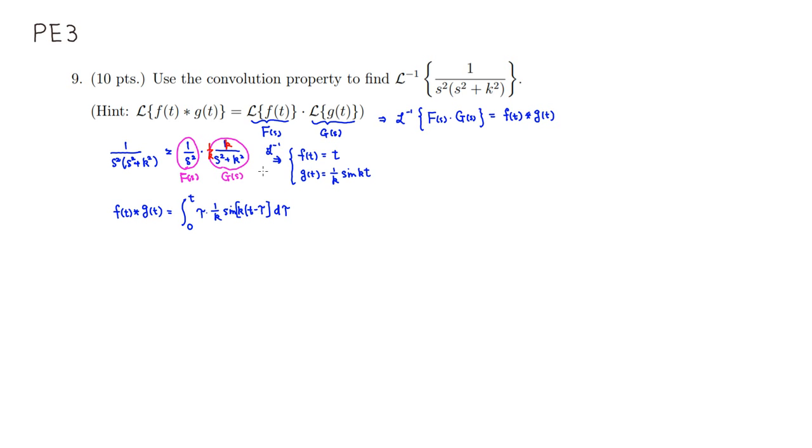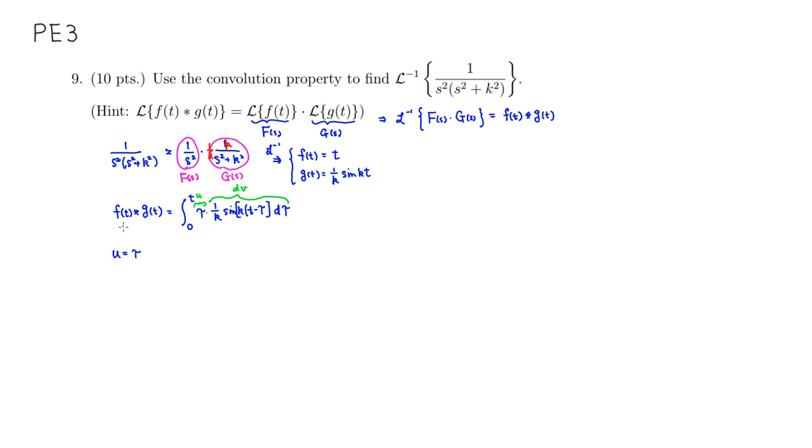Let's use integration by parts. I'm going to let u be tau and dv be the rest of it.